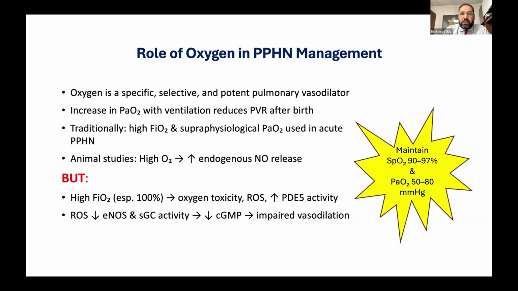Our goal, as I mentioned, is to have saturations 90 to 97, maybe 95 to 97, and the PO2 50 to 80. Below that, as we all know, the pulmonary vascular bed reacts badly, and they can end up with vasoconstriction. Hyperoxemia also leads to the same issue.